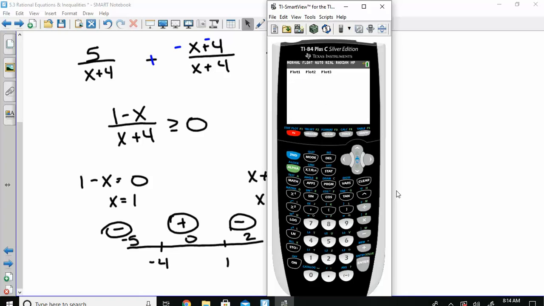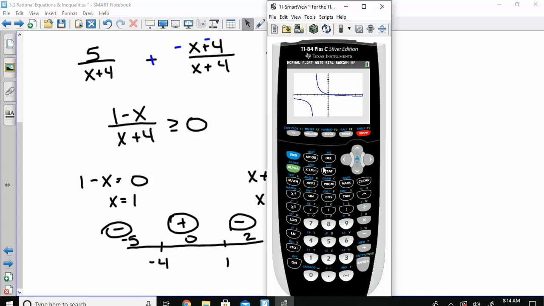If you graphed it, make sure you use parentheses around top and bottom. We can see it starts out below the axis, so negative, then it's above, so positive, below, negative. So whichever way you want to work it, you'll get the same answer.